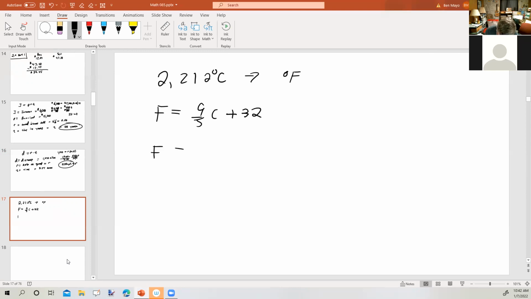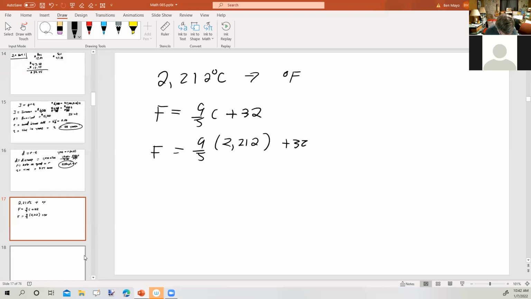So we get F equals 9/5 times 2212 plus 32. Okay. So we've got 9 times 2212 divided by 5 plus 32.